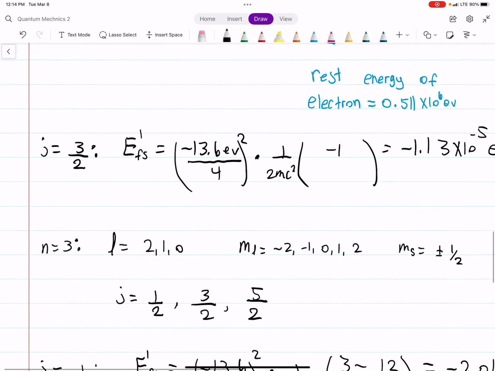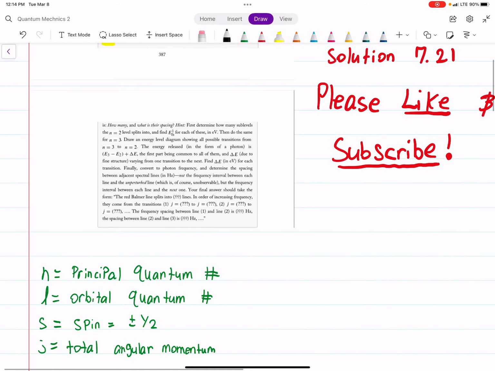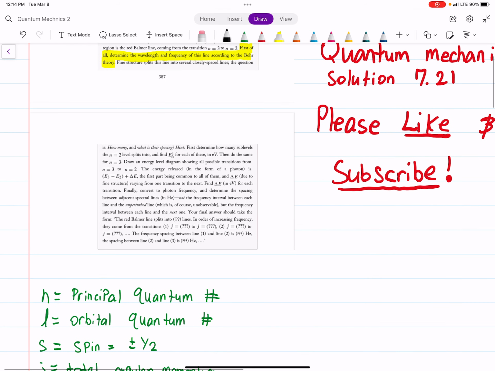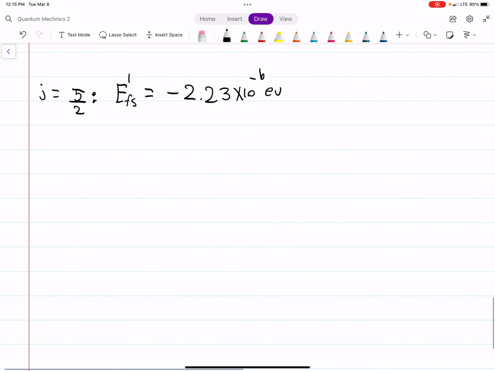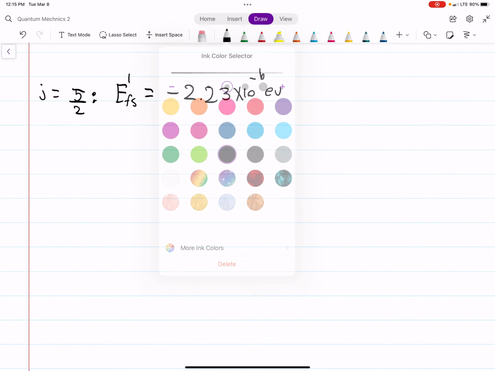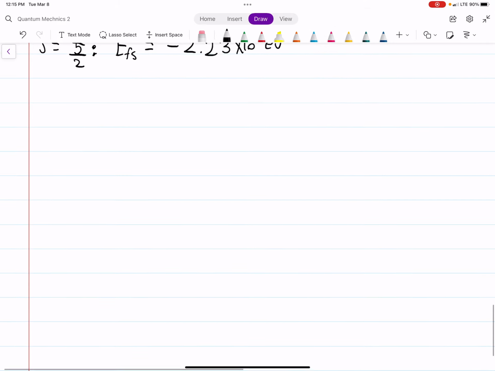Okay, so let's see. Now it wants us to draw an energy level diagram showing all possible transitions from n equals 3 to n equals 2. Okay, so I'm going to try my best to draw something out here. Let's do this.